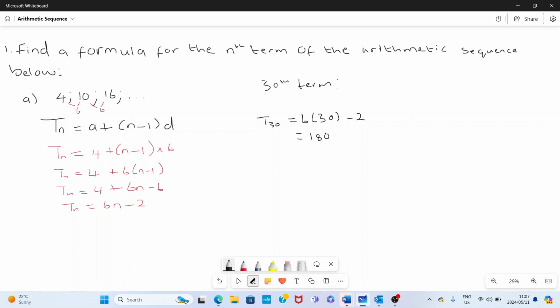So 180 minus 2 is 178. So this would be the 30th term of this given arithmetic sequence.